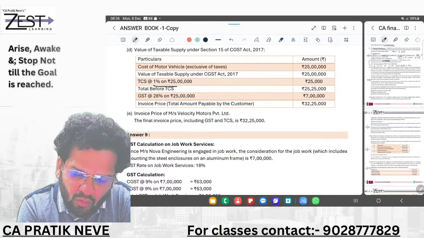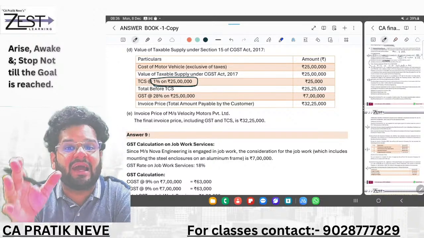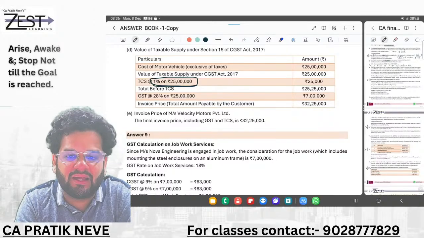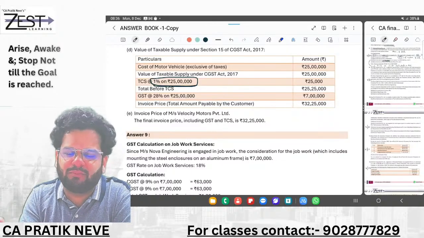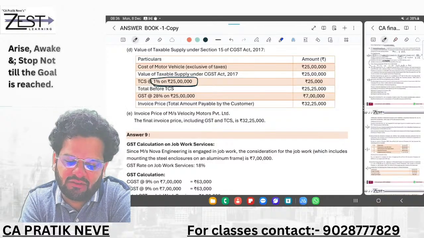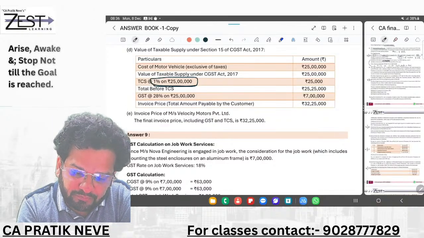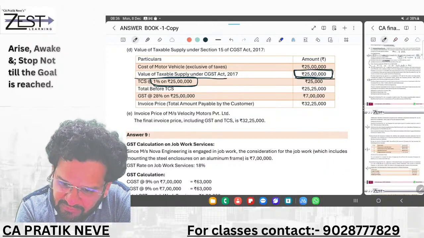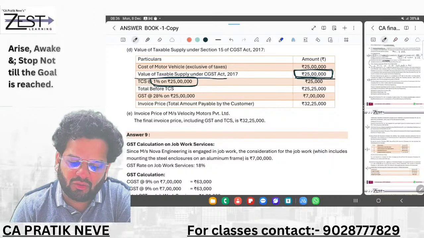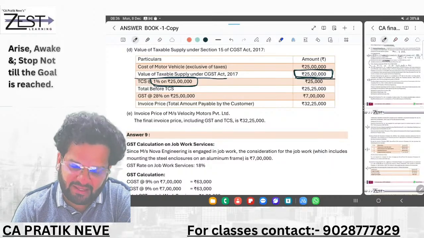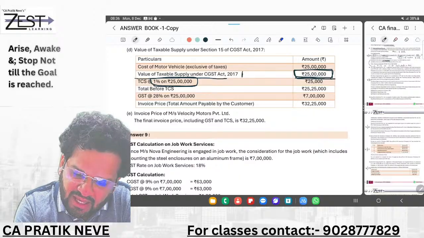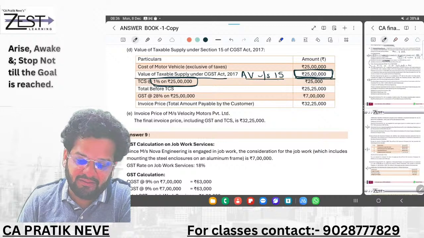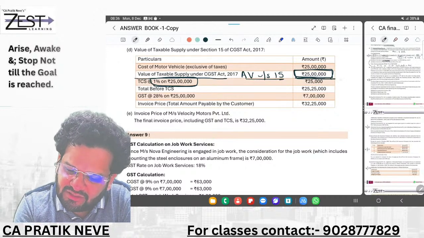TCS is at 1% of 25 lakhs. The overall value of the car, if you observed, that was 25 lakhs. Where 19 lakhs was by way of check, 6 lakhs by way of cash. That doesn't make a difference. Now, value of taxable supply under GST is 25 lakhs. Okay, not 25 lakh 20,000. It is 25 lakhs. Okay, so this is assessable value under section 15 of CGST Act. And TCS is 25,000.